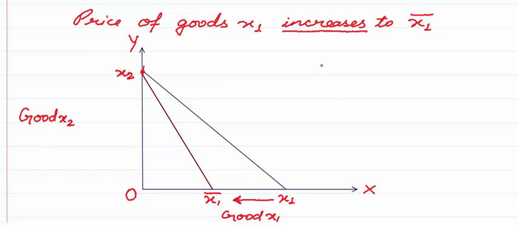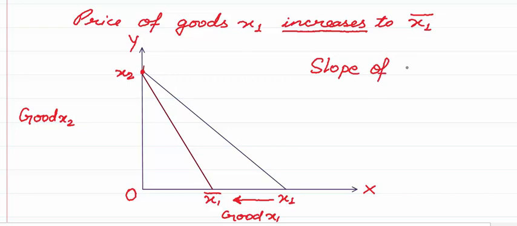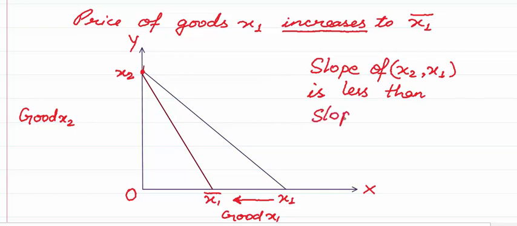In this case, what we can see is the slope of X2 X1 is less than the slope of X2 X1 bar.